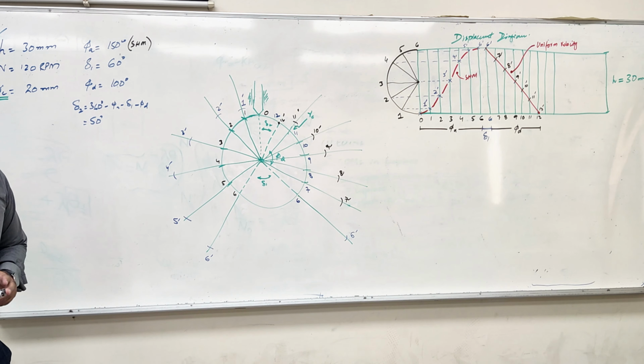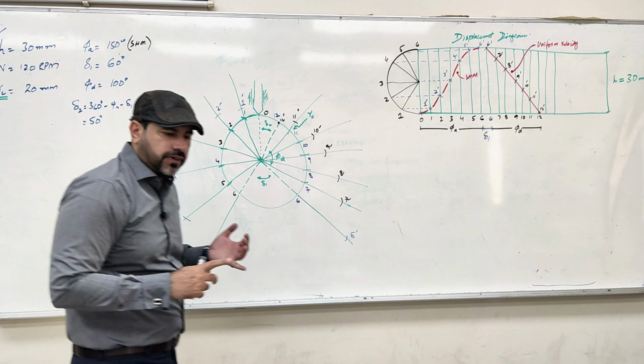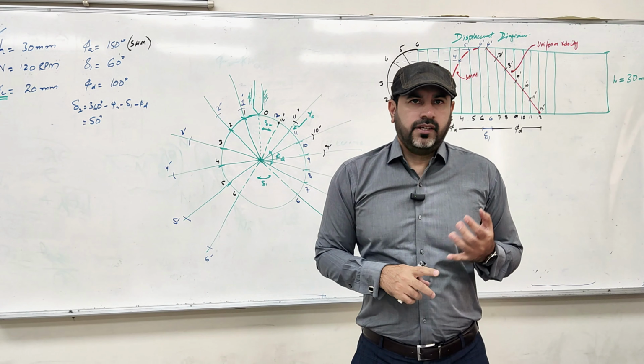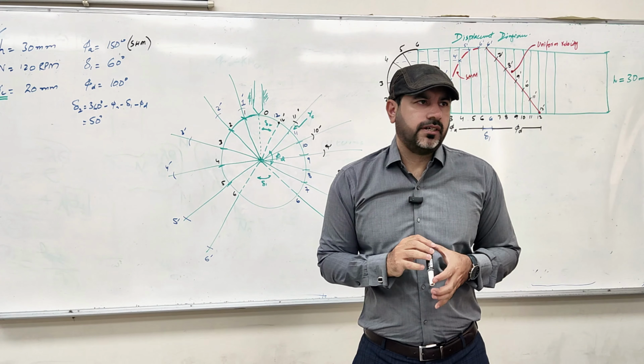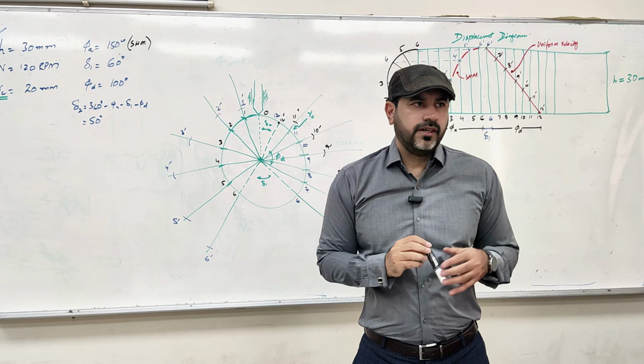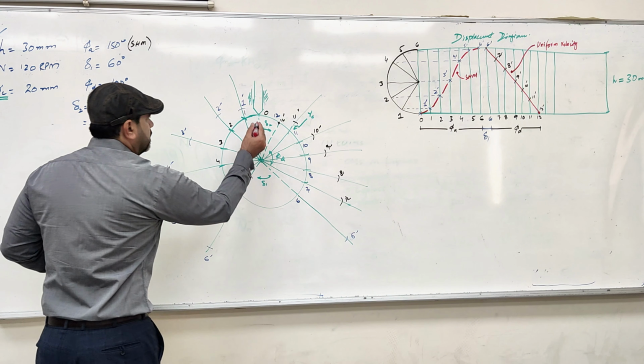This is our profile done. All we need to do is to join all these points. You can join these points through a French curve or something else, or freehand if you do not own a French curve. I'll try to join them and see what we'll get.